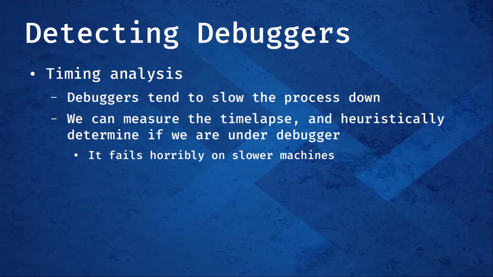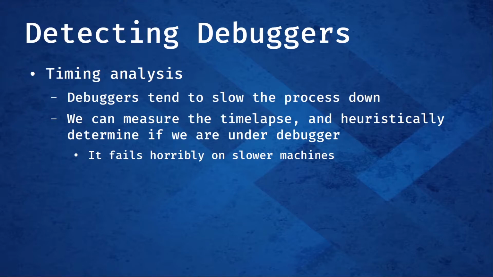So if we measure time between runs and then compare it with some known threshold, then maybe we can say that okay, if it takes more than this amount of time, then probably someone is trying to analyze what we are doing.